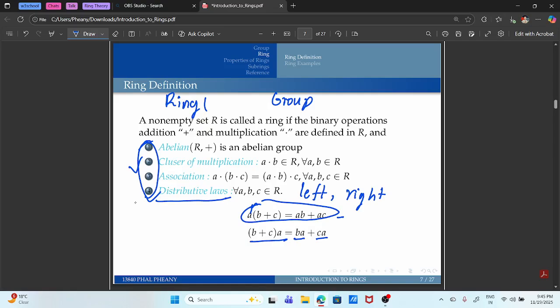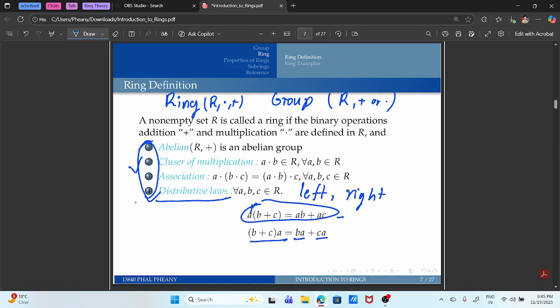For a ring, the notation is that we have a set under multiplication and under addition, and for a group, we have a set also, with only multiplication or only addition.